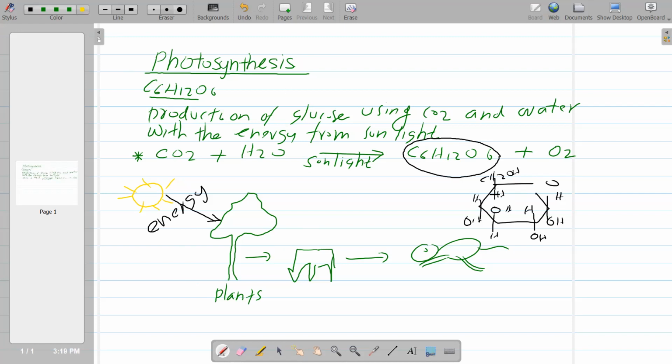Right. Each line represents a bond, and these bonds are rich in energy. The sunlight energy is trapped in these chemical bonds. And in the next unit, Unit 5, you're going to learn respiration.